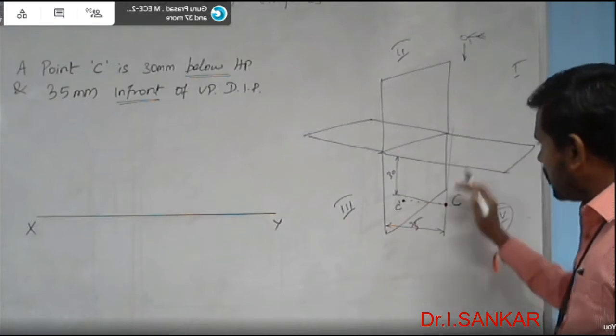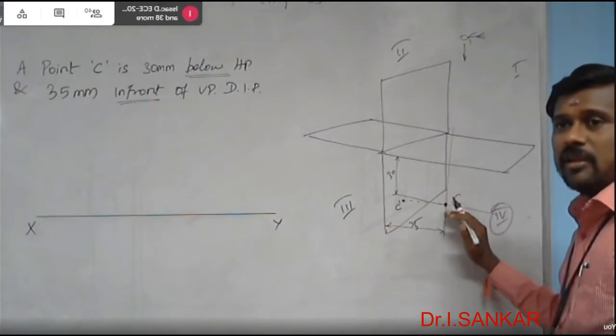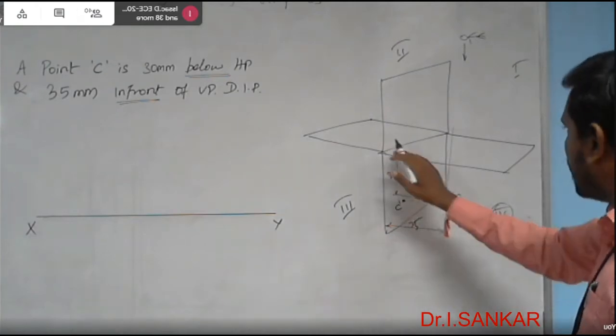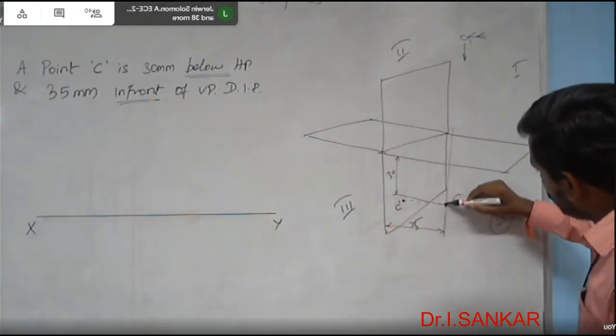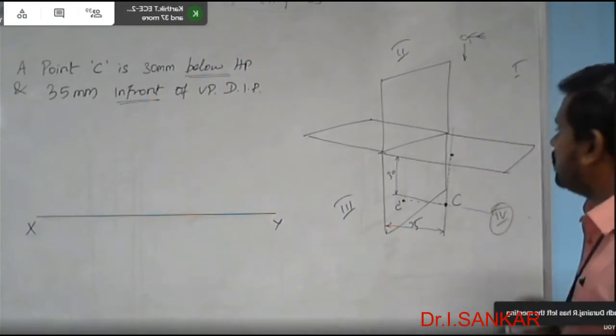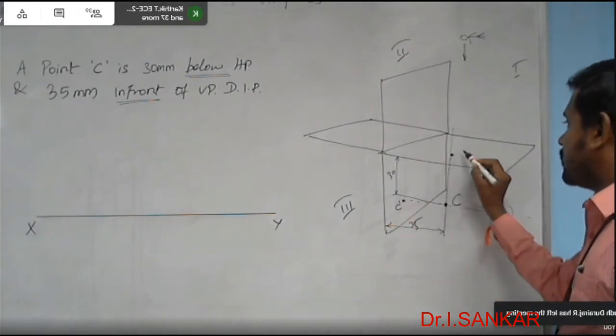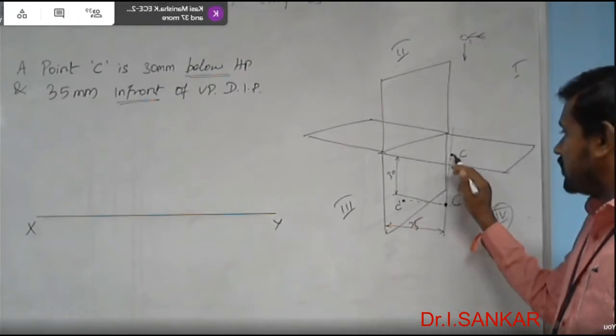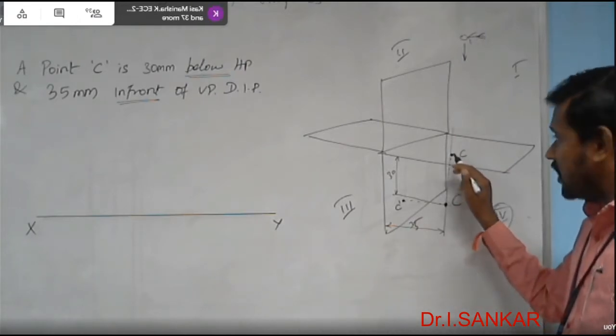Now the point is located below the horizontal plane. However, the only place for the view to be deposited is the horizontal plane. So you have to move the top view towards the horizontal plane. And here we located it. See, this is nothing but the top view of the point C, which is obtained in the horizontal plane.